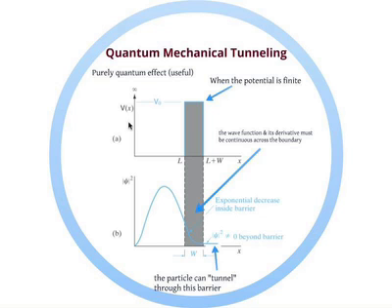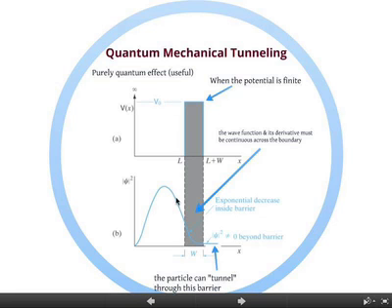Many, many devices. So this is the potential barrier, which has a finite potential of V naught. The wave function, instead of going to 0, of course it's 0 here because this potential is still infinite.